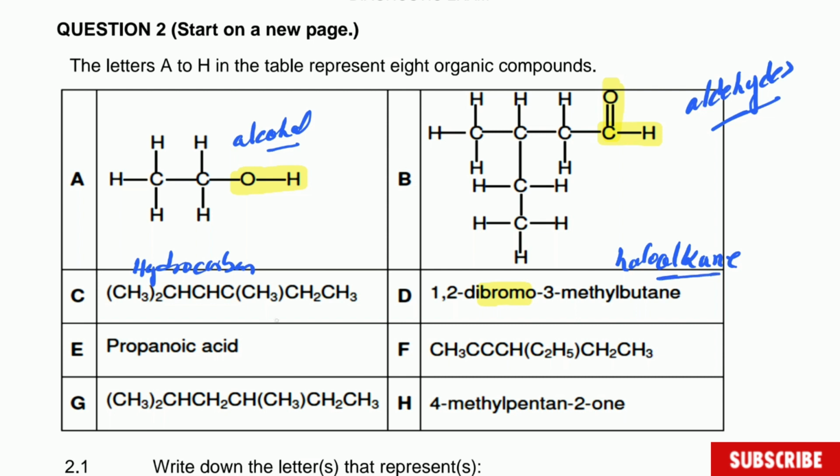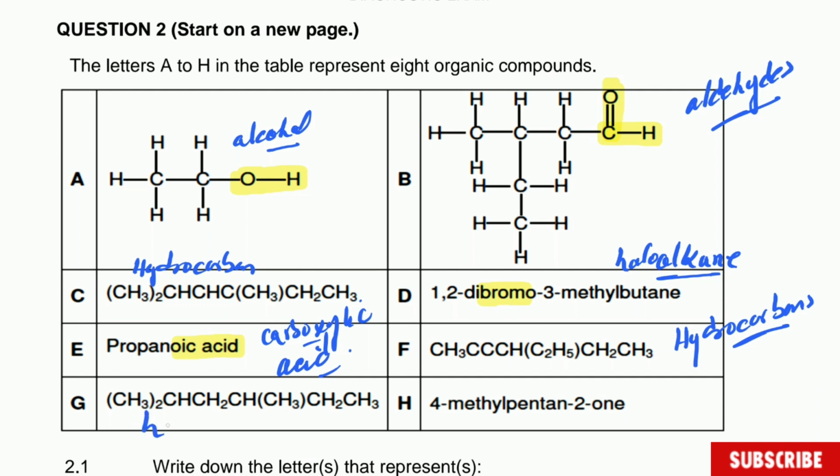Compound E is a propanoic acid, and ending in oic acid, guys, is a carboxylic acid. Compound F, only carbon and hydrogens, and is therefore a hydrocarbon, the same as compound C. Compound G, this is another hydrocarbon.